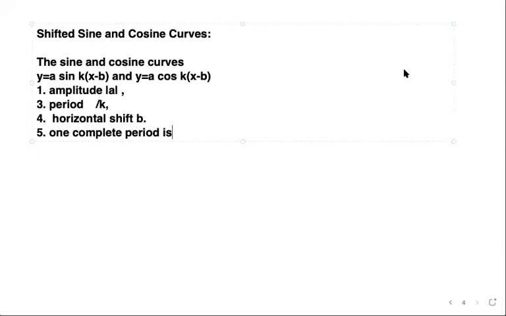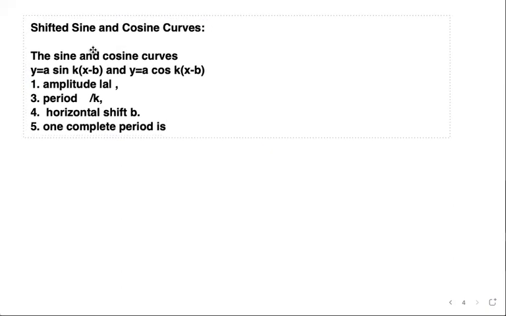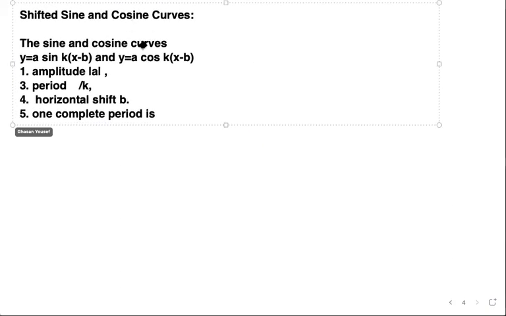Shifting the function. So to do shift for the sine and cosine curve, the sine and cosine curve is given like y equals a times sine k open parentheses x minus b, and the same thing for the cosine function.